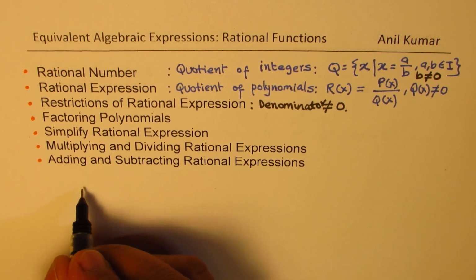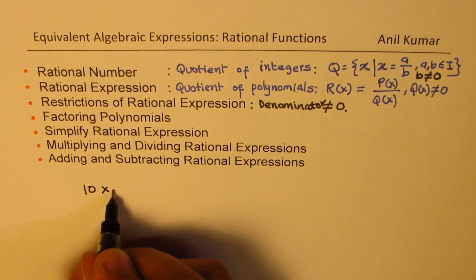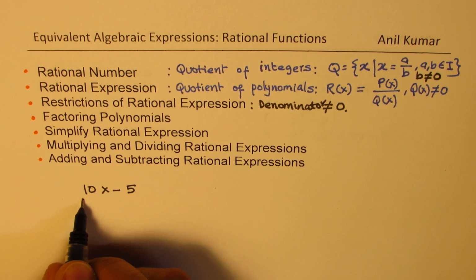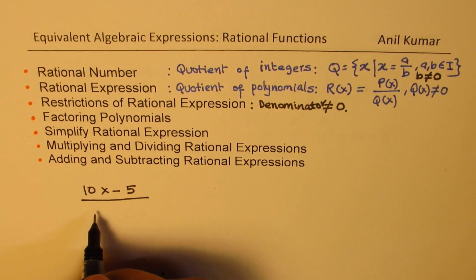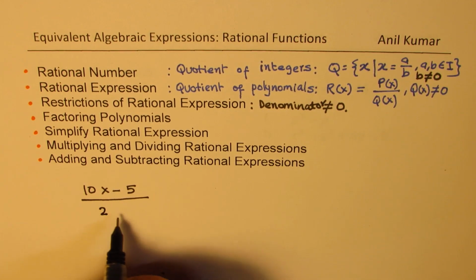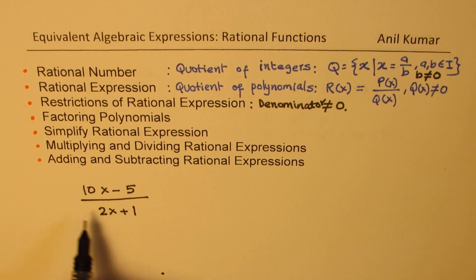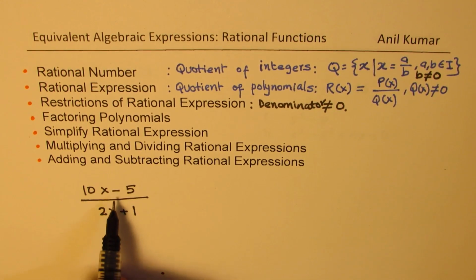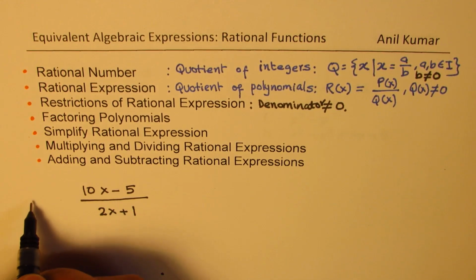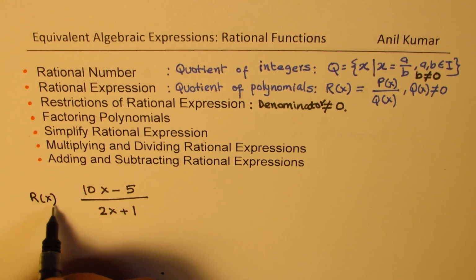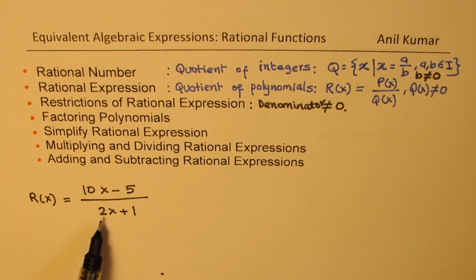For example, if I have 10x minus 5 over 2x plus 1, let's call this rational expression r of x. You see the denominator is 2x plus 1.